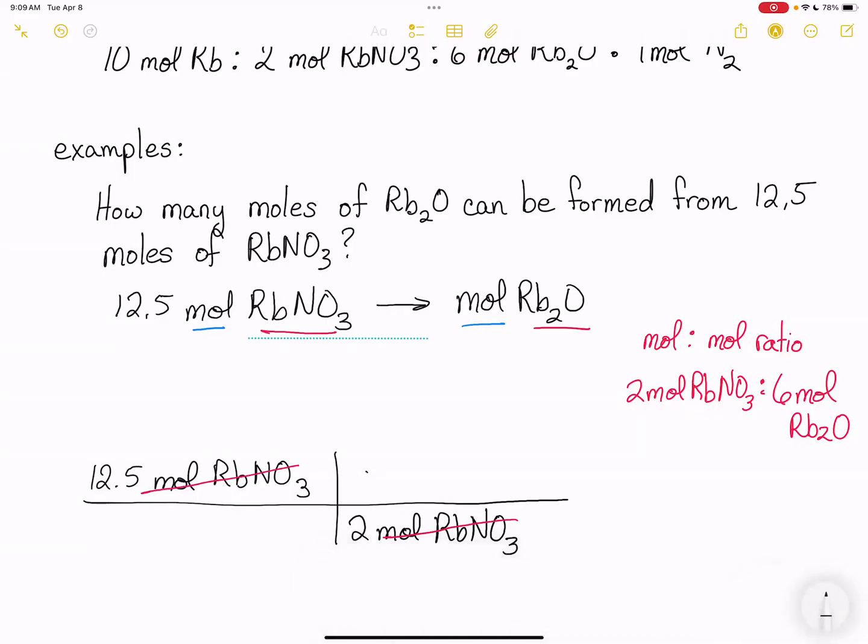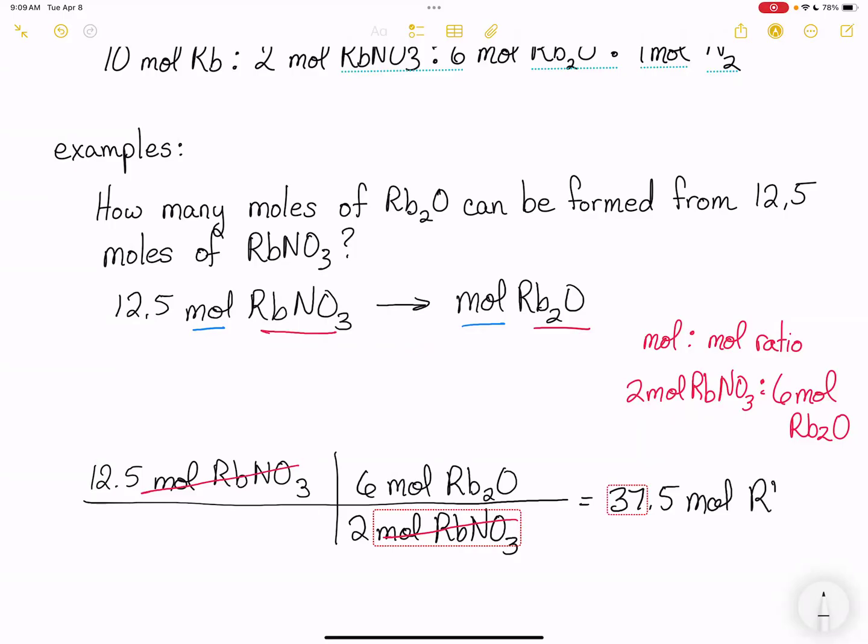The other half, the 6 moles of rubidium oxide, will go in the numerator. And when you do this calculation, you get 37.5 moles of rubidium oxide.